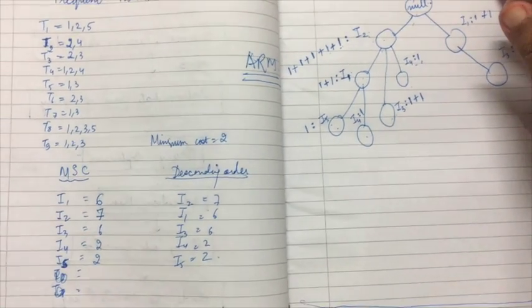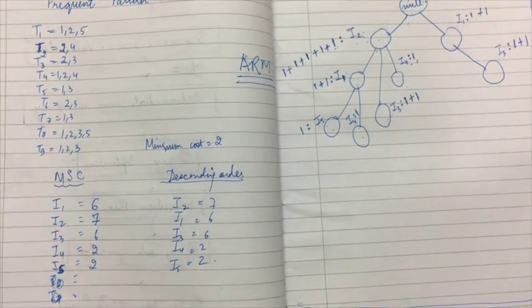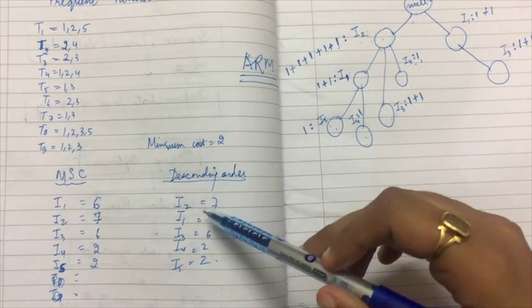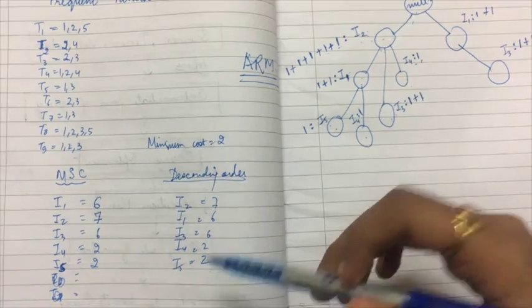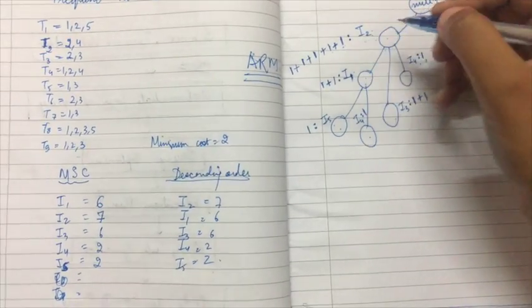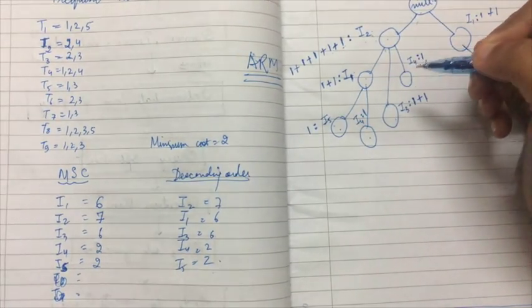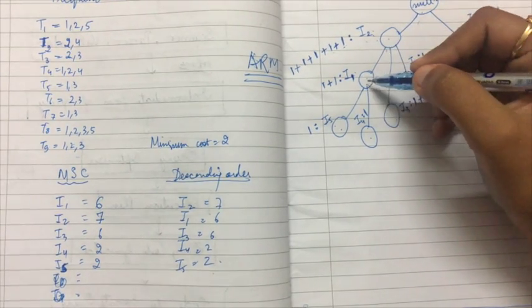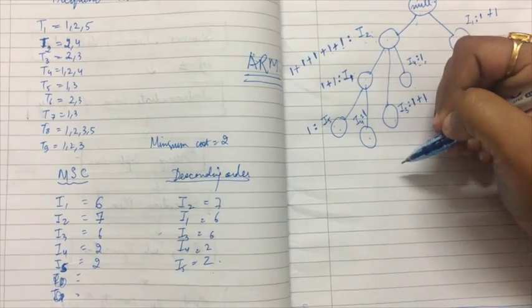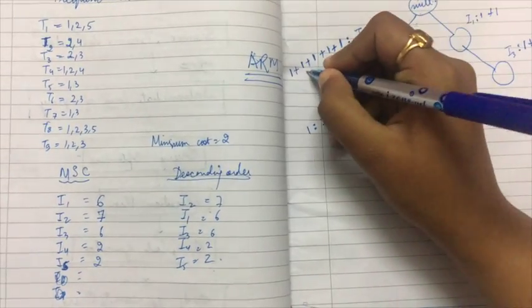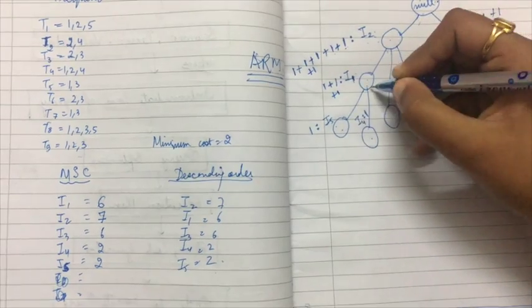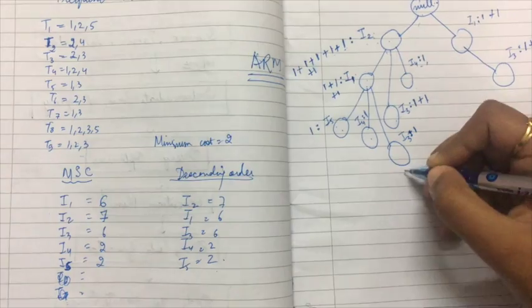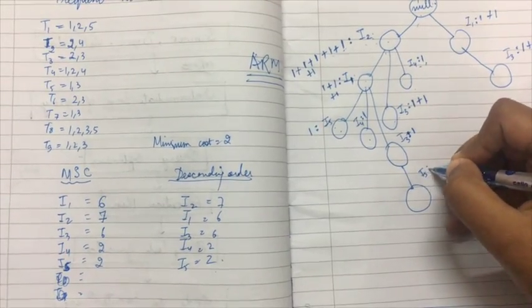Okay, then 1, 2, 3 and 5, that is 2, 1, 3, 5. So 2, 1, no, this is not possible. For 2, 1, I'll have to make a new path, right? So 2, 1, I3 and I5.